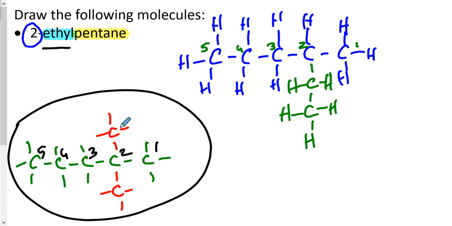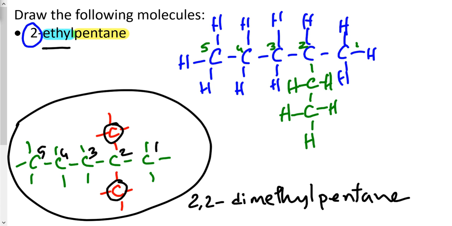So what this student did is add a carbon. Eth means 2 carbons, so they added a carbon at the top and then added another carbon at the bottom. This is not correct. If you are adding an ethyl group, you need to have both carbons in the same exact straight line. Because in this case, this is not 2-ethyl pentane.